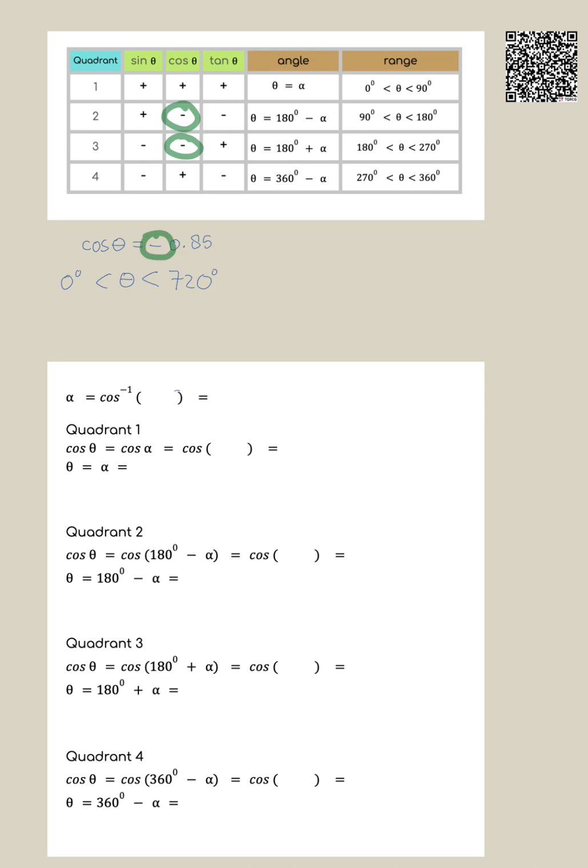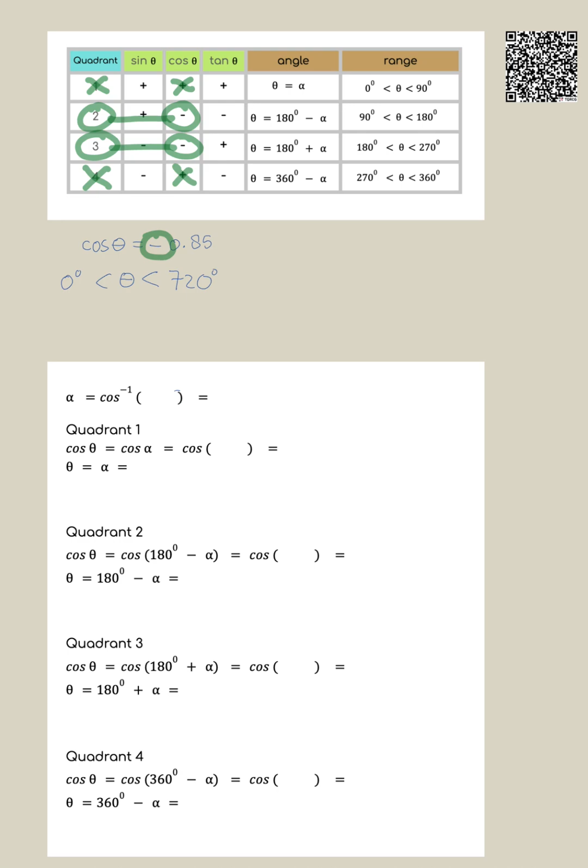According to the table, if the cosine value is negative, the angle will be in quadrant 2 and quadrant 3. We are not supposed to use quadrant 1 and quadrant 4, because they give a positive value for cosine. So we don't use that.